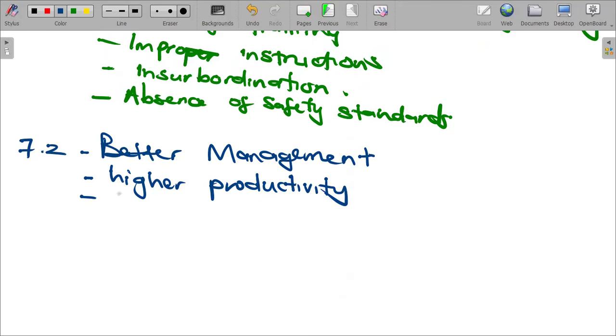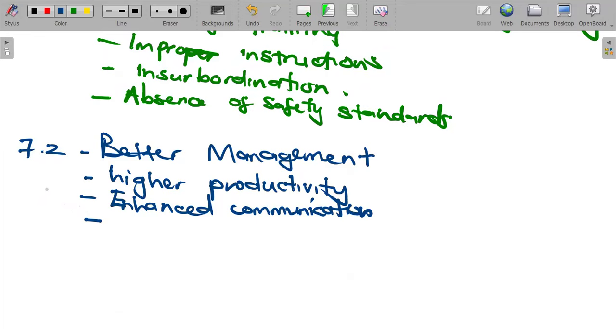And also you can find that there is enhanced communication, since the immediate supervisor and the employee have to meet to discuss. They meet frequently to discuss and also to evaluate the employee performance.